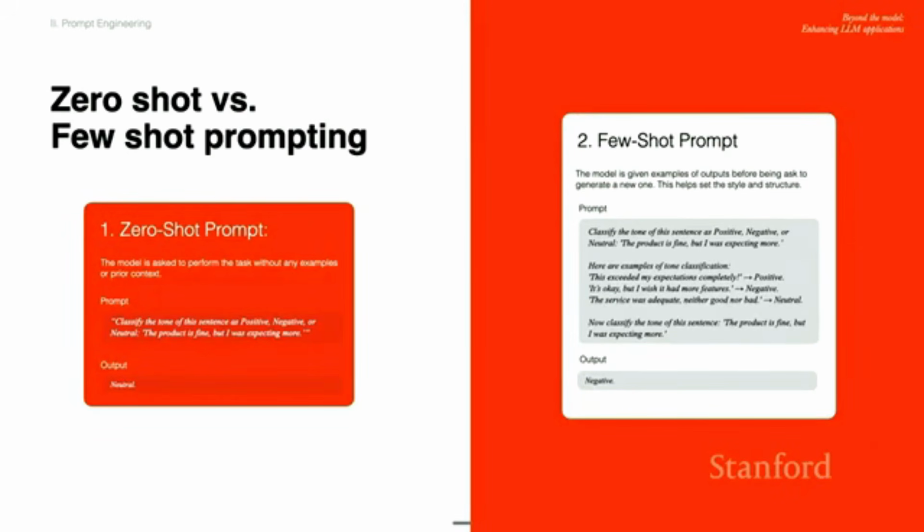Now classify the tone of this sentence, after you've heard about these things, and the model then says negative. And the reason it says negative, of course, is likely because of the second example, which was it's okay, but I wish it had more features, which we told the model was negative. Because the model saw that, it's aligned now with your expectations.